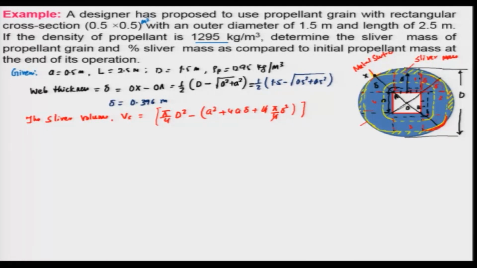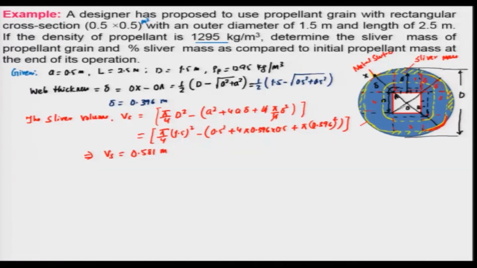So the 4 will cancel out, and if I substitute these values, I get pi by 4 into 1.5 whole square minus 0.5 square, plus 4 into 0.396 into A, which is 0.5, plus pi into 0.396 whole square, and you will get V s equal to 0.581 meter cube.